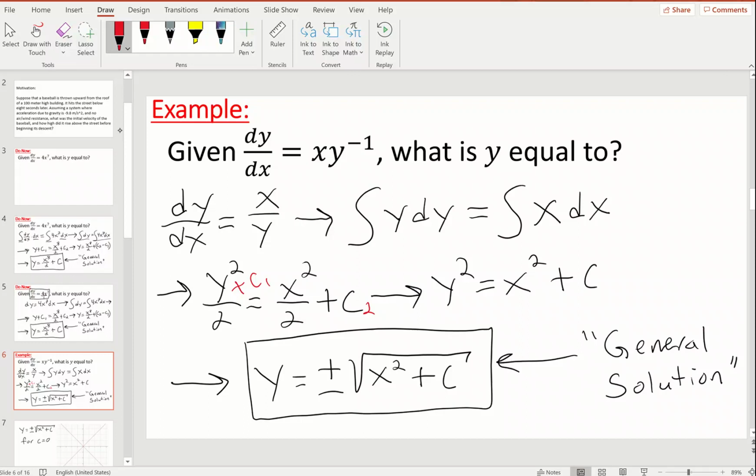All right, so I just rewrote it as y. I expressed this step of the solution as y squared over 2 is equal to x squared over 2 plus c. And you can feel free to do that. And okay, continuing, solving for y, this becomes y squared is equal to x squared plus c, multiplied by 2 on both sides.